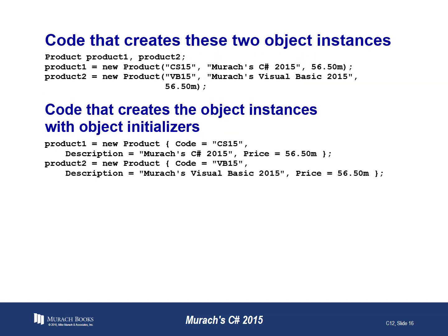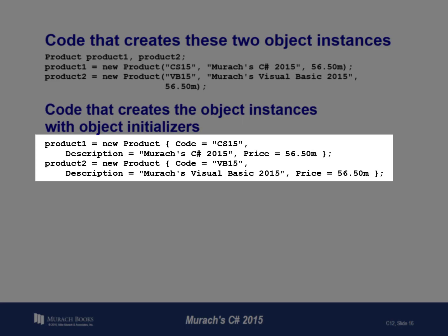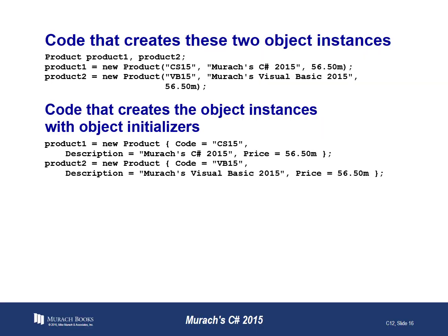If we wanted to create 2 new instances of our products, we could. And we're probably going to do it something like what we see in the bottom of this slide, where we say that product 1 is equal to a new version of a product class. So we're instantiating an object based upon the product class, and we're setting the code and the description and the price right off the bat.